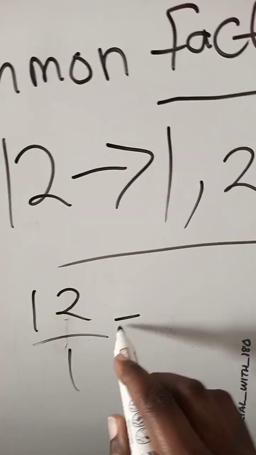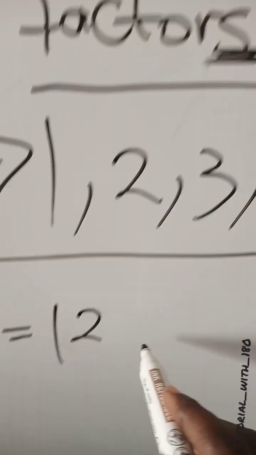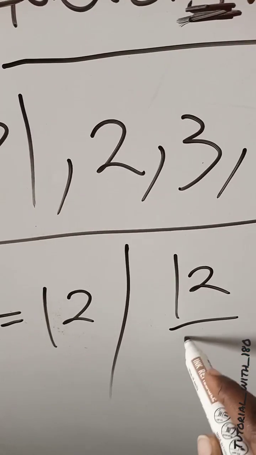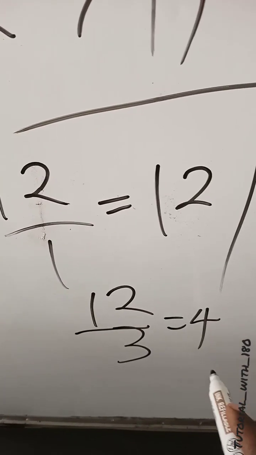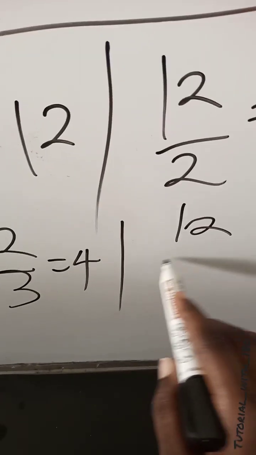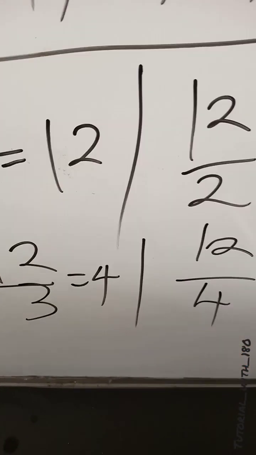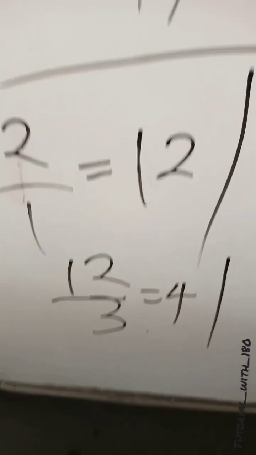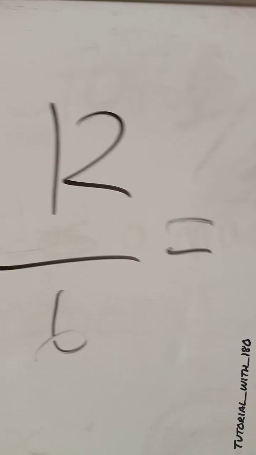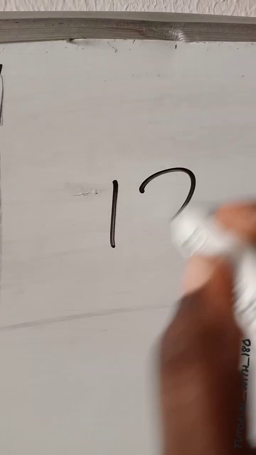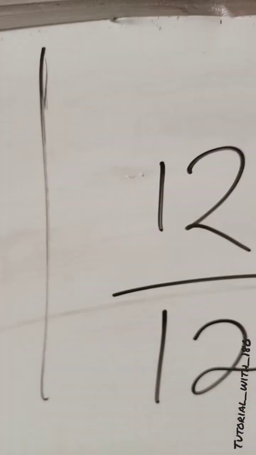So 12 divided by 1 is equal to 12. 12 divided by 2, 6. 12 divided by 3, 4. 12 divided by 4, 3. 12 divided by 6, 2. 12 divided by 12, 1.